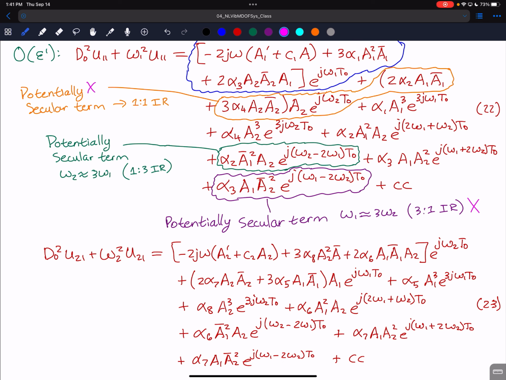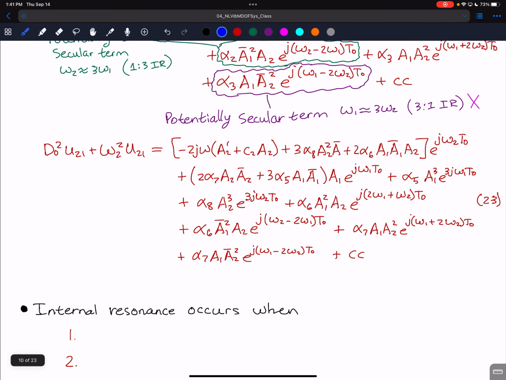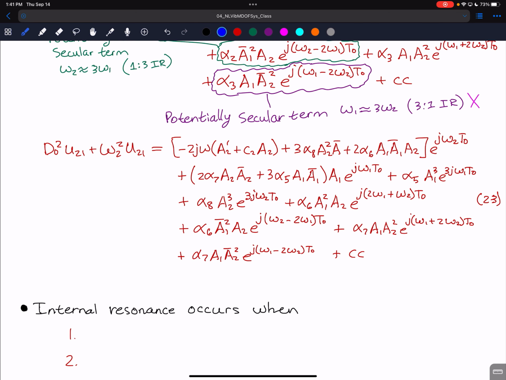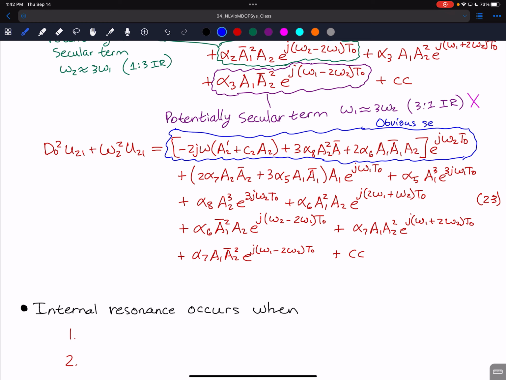Okay, let's just briefly circle the obvious secular terms in the second equation because they also show up, and then the potentially secular terms. So in blue here, this is, again, the obvious ones. In orange will be our one-to-one potentially secular term.